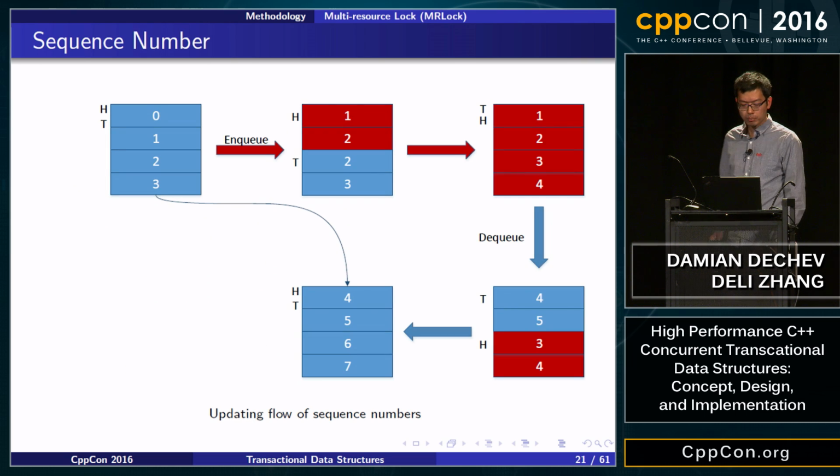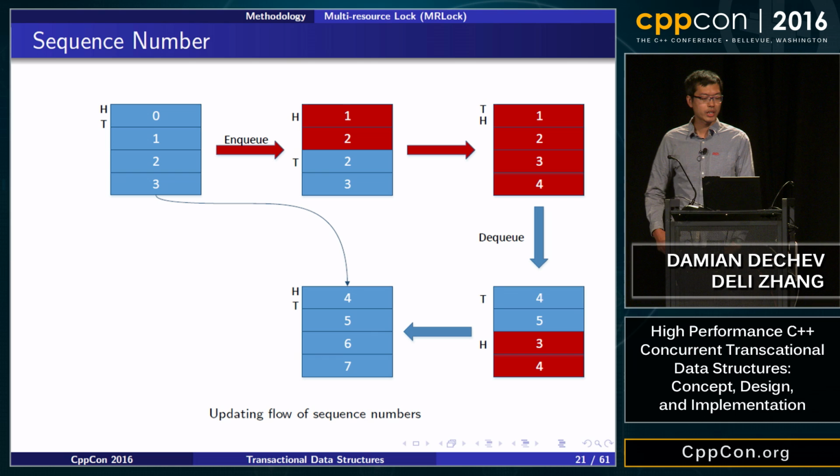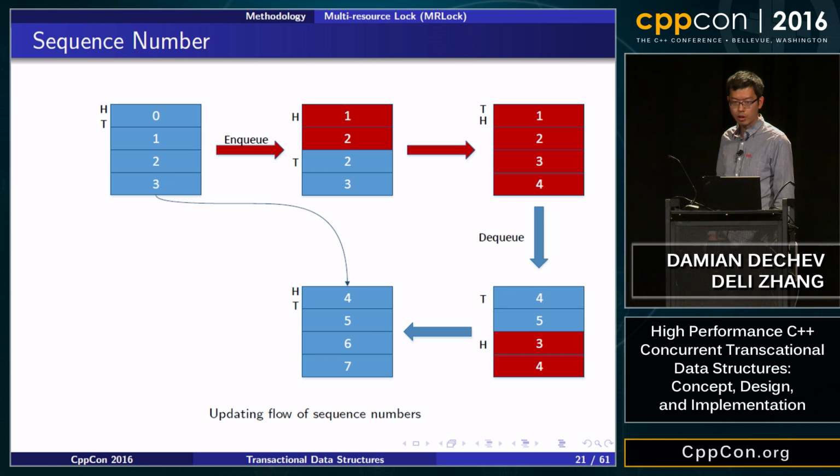So here is how the sequence number changes throughout the life cycle of the ring buffer. Initially, we use the sequence number to do bounds checking, and initially they were set to the index of each cell. With each enqueue, the sequence number increases by 1. So when the tail wraps around, it sees that the current tail index does not equal the cell's sequence number.